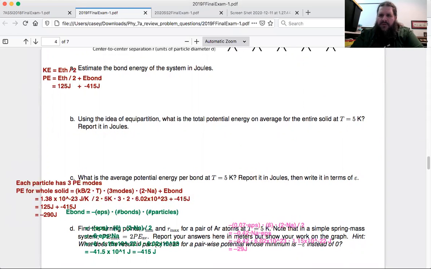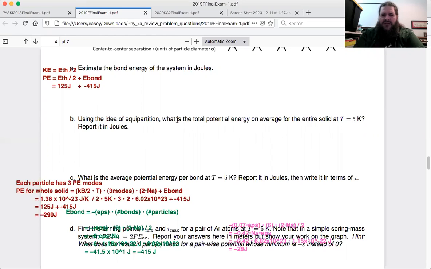What did they get for B for the answer there? Did they not include the bond energy? Were they looking at just the 125 joules? Yeah, they didn't include the bond energy. So it's greater than what we had. They really should be including the negative 415 because the bond energy does count as potential energy.